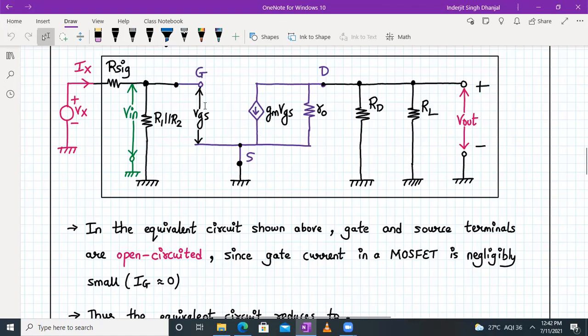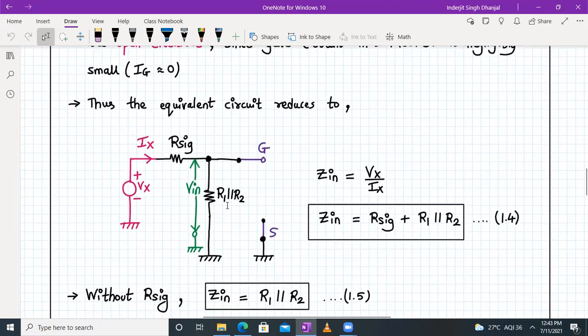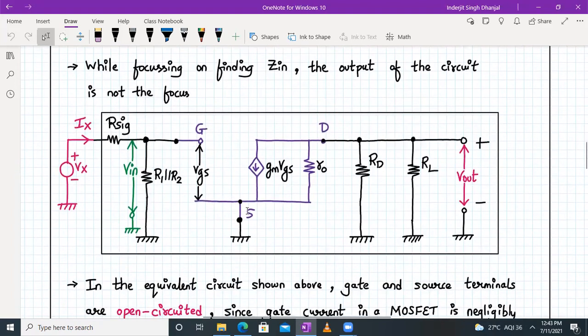So we can drop the entire circuit from the gate to source. Okay, so thus the equivalent circuit becomes like this. So we have Vx, Ix applied, and your Vx upon Ix will be R6 plus R1 parallel to R2, just as it is, because the entire circuit between the gate and the source is open circuit, right? Over here, as you can see.